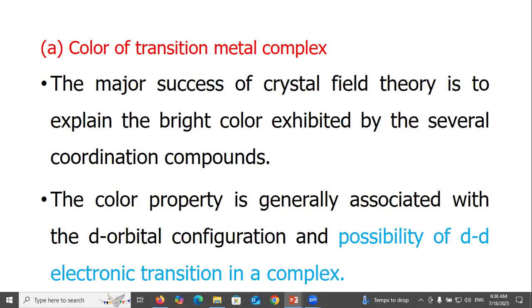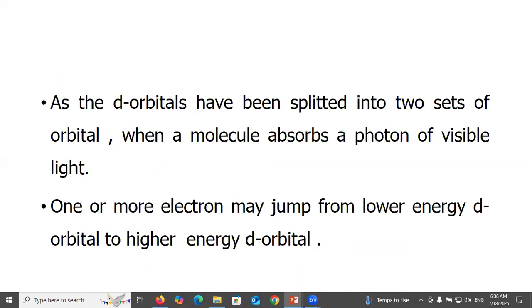The color property is generally associated with d orbital configuration and the possibility of d-d electronic transition in a complex. Here the d orbitals have been split into two sets of orbitals.